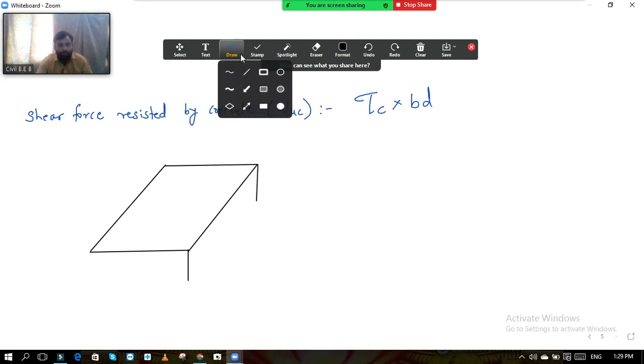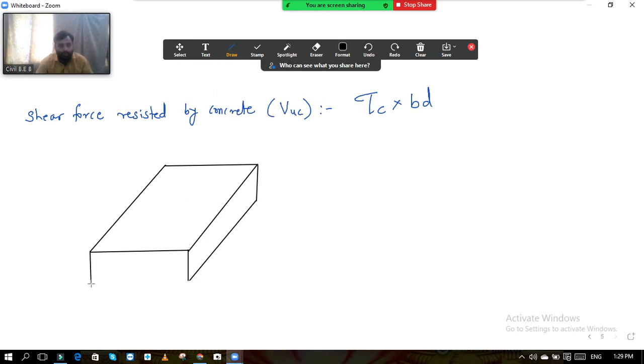Then we can join these two points like this. This side also, this is your depth, you can join this. On that side also the area is there. You can show it in dotted line, that we can join.